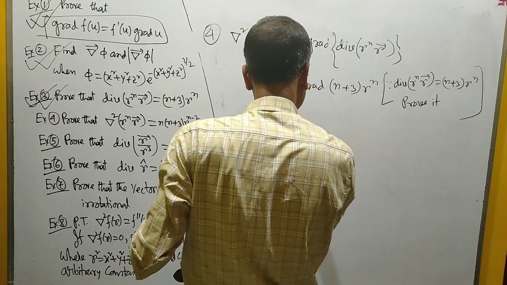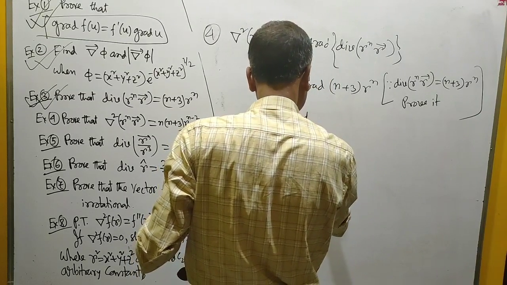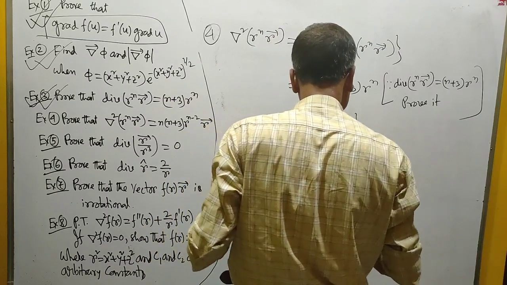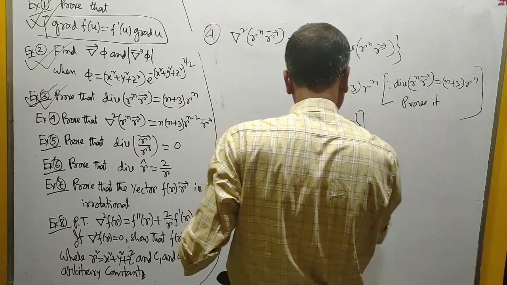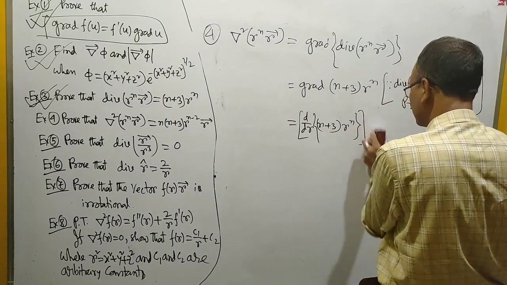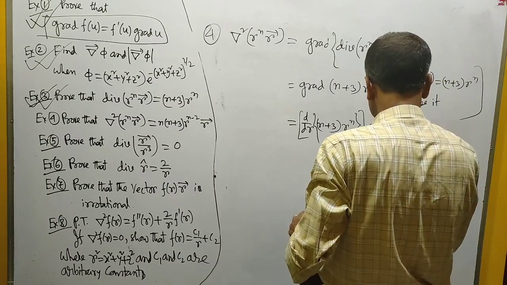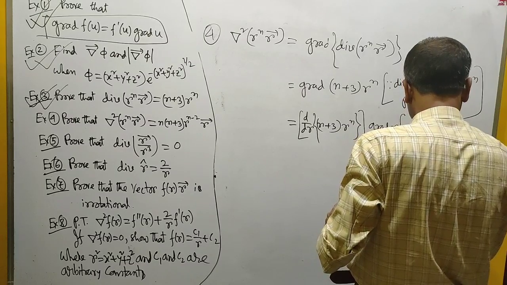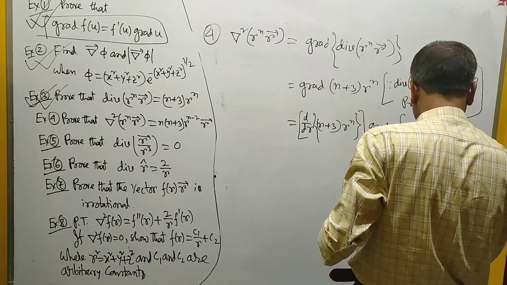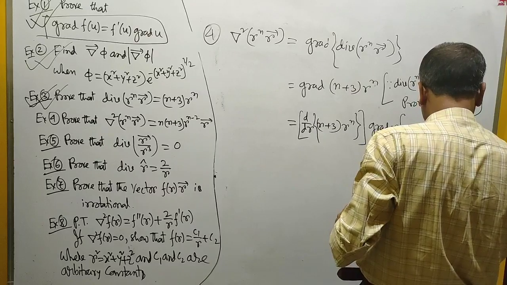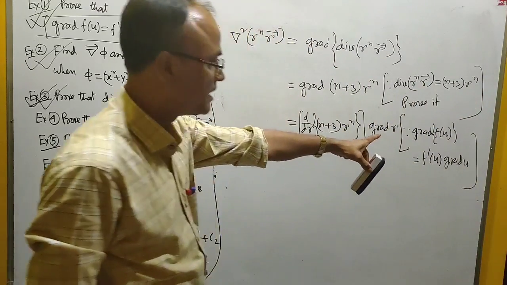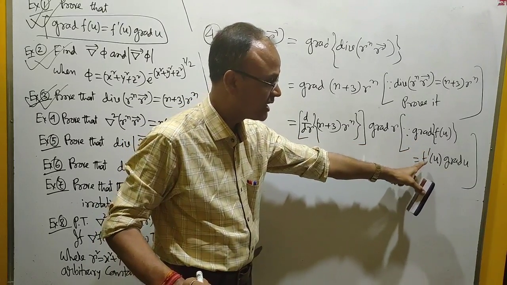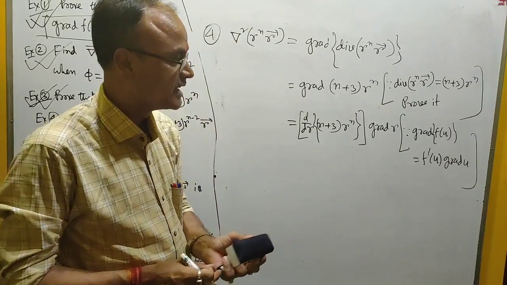Now gradient of this equals d dr of n plus 3 r to the power n, gradient of r, since gradient of f of u equals f dash u gradient of u. This has been applied.